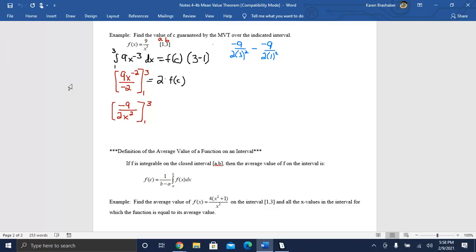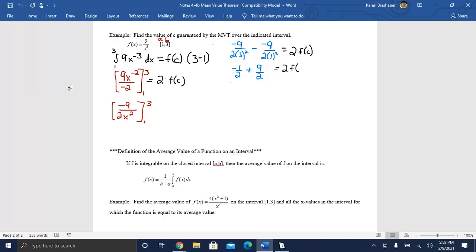And I still want to keep my equation, so equals 2 f of c. Continuing to evaluate, I have negative 9 over 18, so that'll be negative 1/2. And then minus negative will turn to positive, and I'll have 9/2. Keeping my equation, that equals 2 f of c.